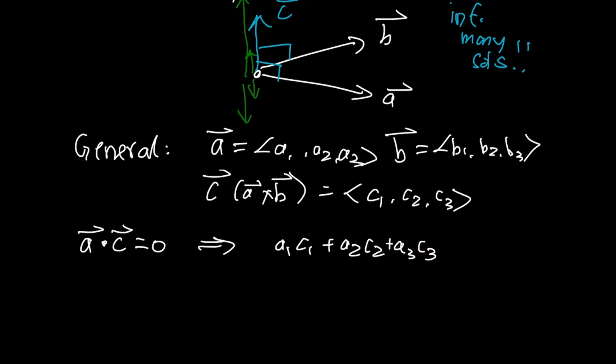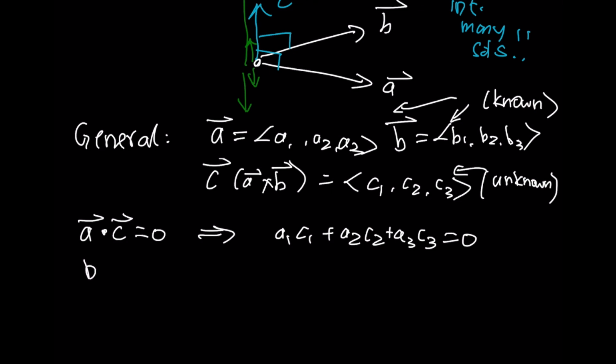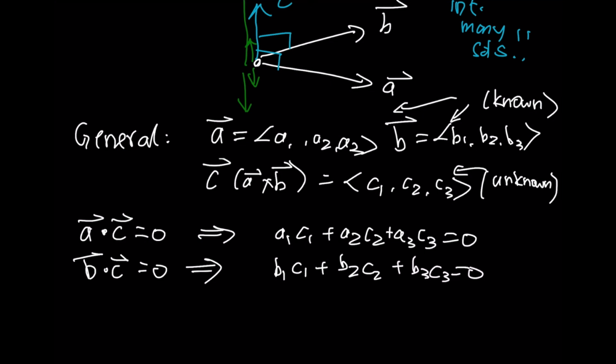Remember that the A and the B are known, C is the unknown. So we're going to encounter a lot of symbols here. Just make sure you're aware which are the ones we're supposed to know and which are the ones we are not supposed to know. Computing that second dot product gets me to here. I'm going to label this as equation 1 and this as equation 2.